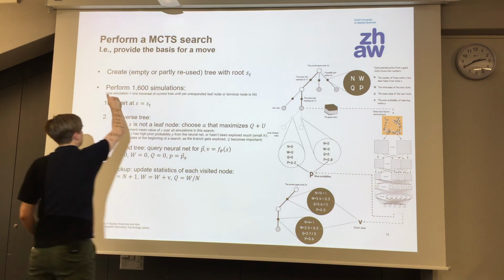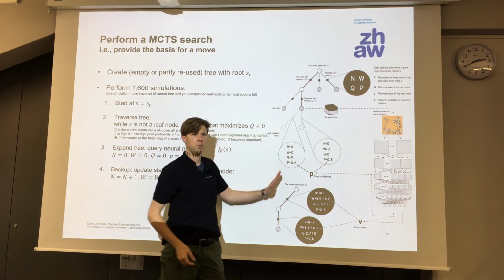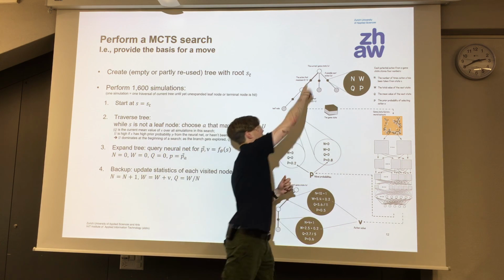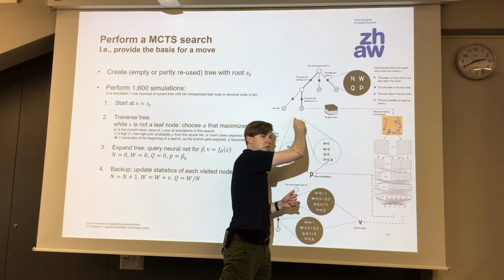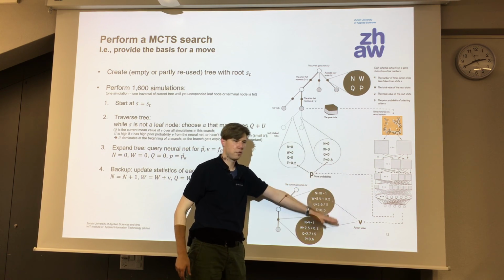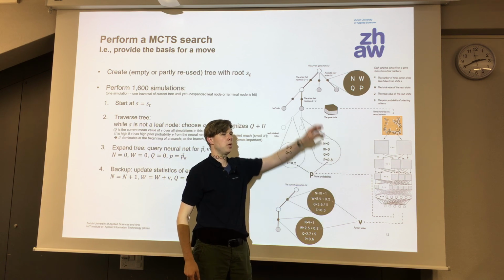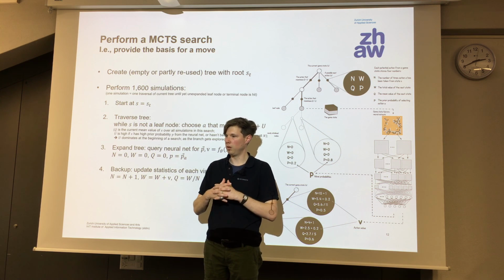By this repeated process, 1,600 times, we build up a tree that overall we run 1,600 times until the end of the tree. We probably come down not to the very end of the game, but quite far. And we will more often go into those paths that are more probable.